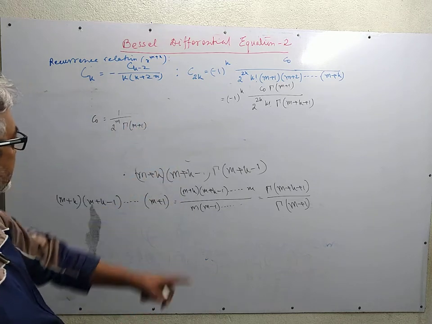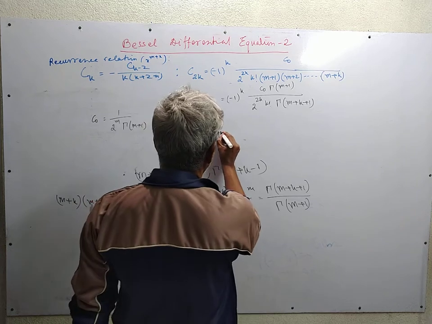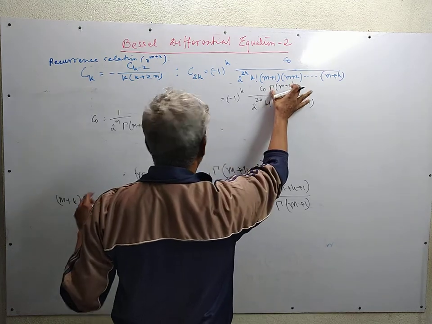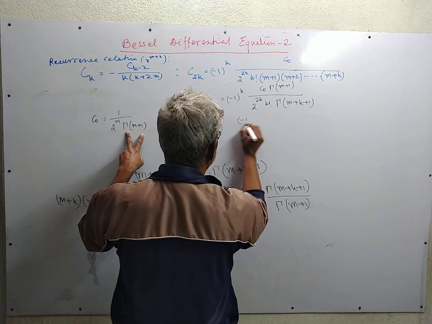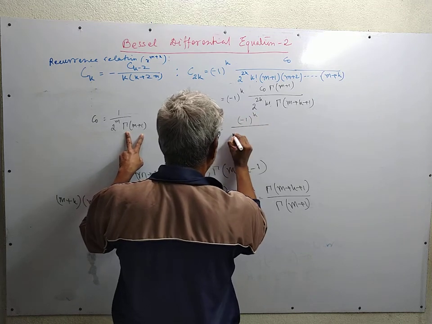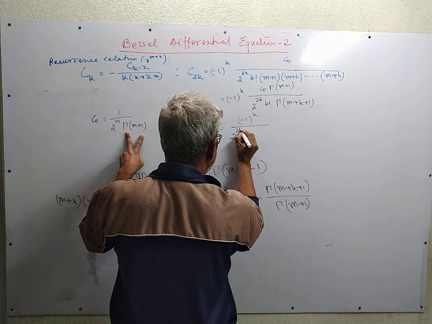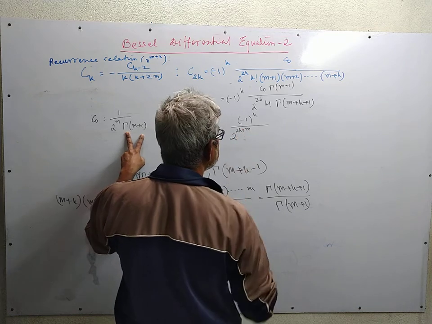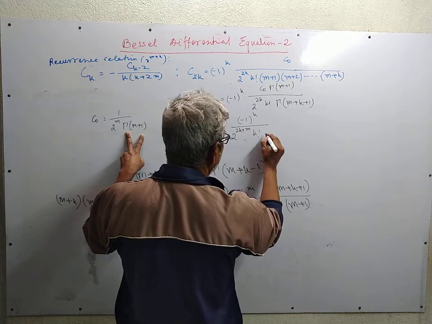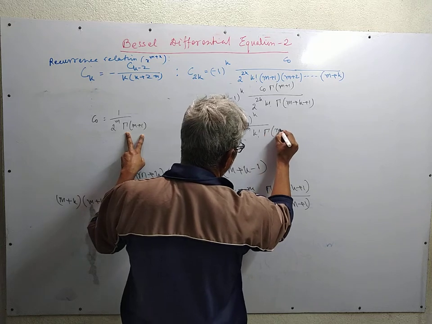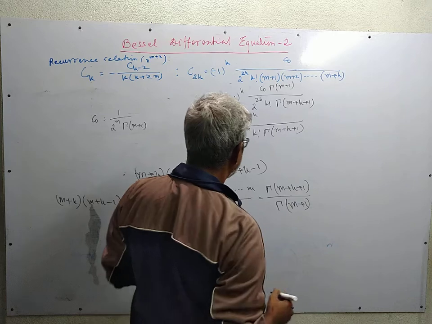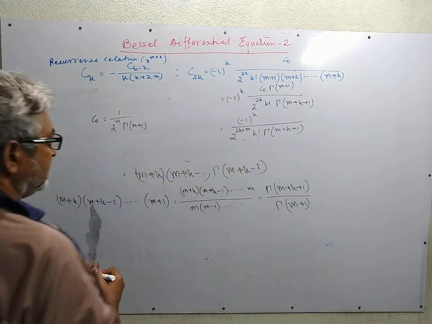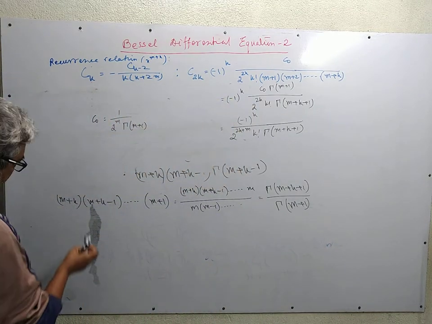If we write this value for C0, then we see that this gamma cancels with this and we have minus 1 to the power k, 2 to the power 2k plus m, k factorial gamma of m plus k plus 1. So we get the series for it.